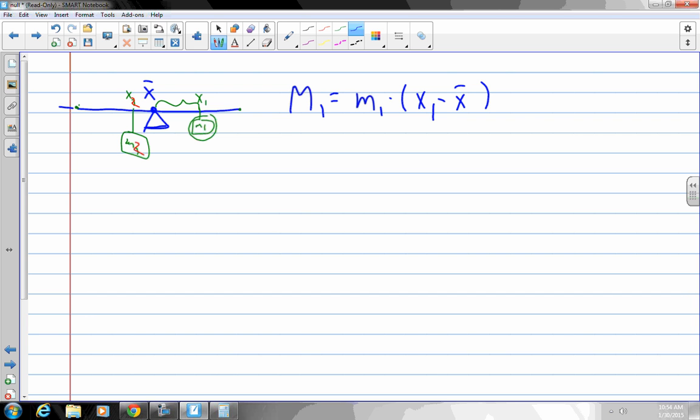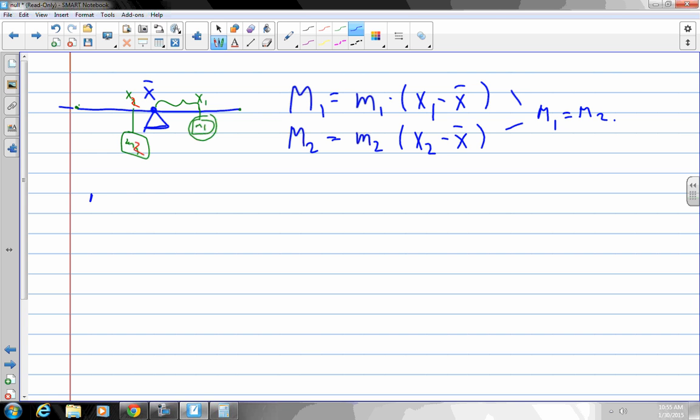I can do it like that just to keep it positive. And moment 2 would be the mass times the distance, x2 minus x bar. And these two have to be equal in order for the thing to balance. So if I set these two things equal to each other, I'll be able to find the location of the balancing point. That's the goal. I want to find that center of mass.